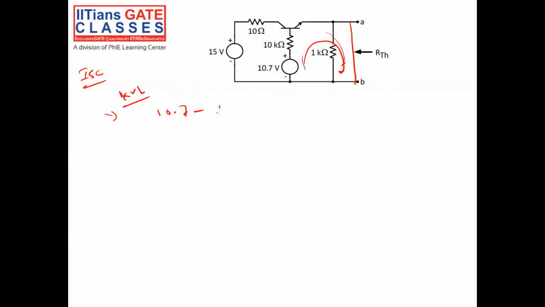10.7 minus IB into 10k, right? Minus 0.7 is equal to 0, because this is grounded. This is my ground. So 10.7 minus IB into 10k minus VB is equal to 0.